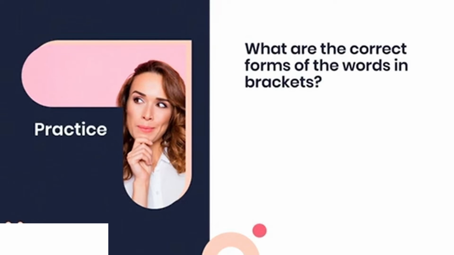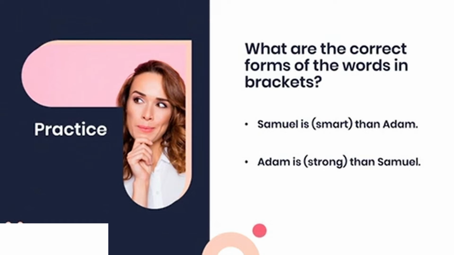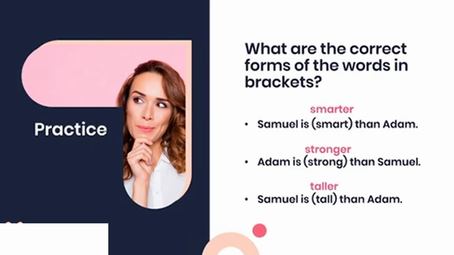Now it's practice time. What are the correct forms of the words in brackets? Samuel is smart than Adam. Adam is strong than Samuel. Samuel is tall than Adam. The correct answers are smarter, stronger, and taller.